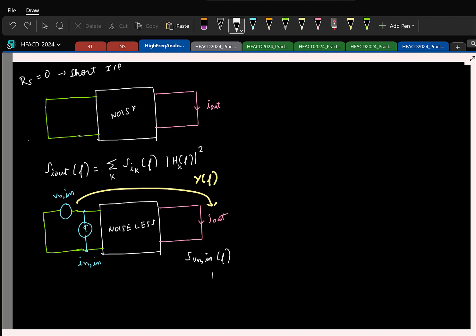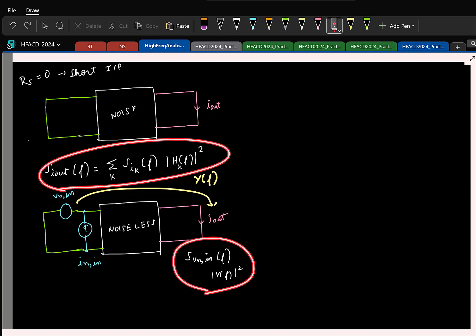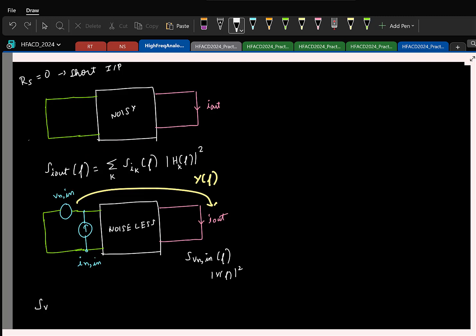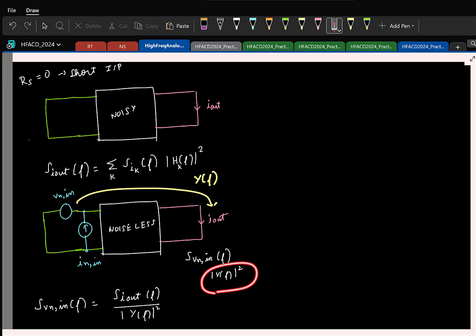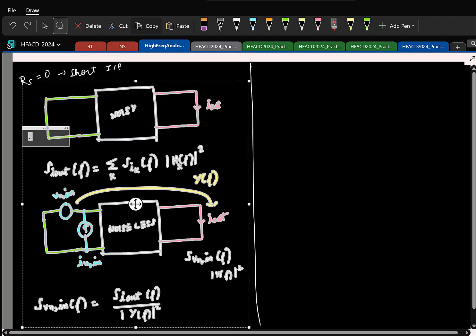So times mod Y of f squared, and these two have to be equal. So equate the two, and then you directly get S VN of f to be S I out of f divided by mod Y of f squared. So you find the noise in the short circuit current or the open circuit voltage in your actual noisy network, divided by the appropriate transfer function, and that gives you the input referred noise. Similarly, you can also repeat it to find the input referred noise current.